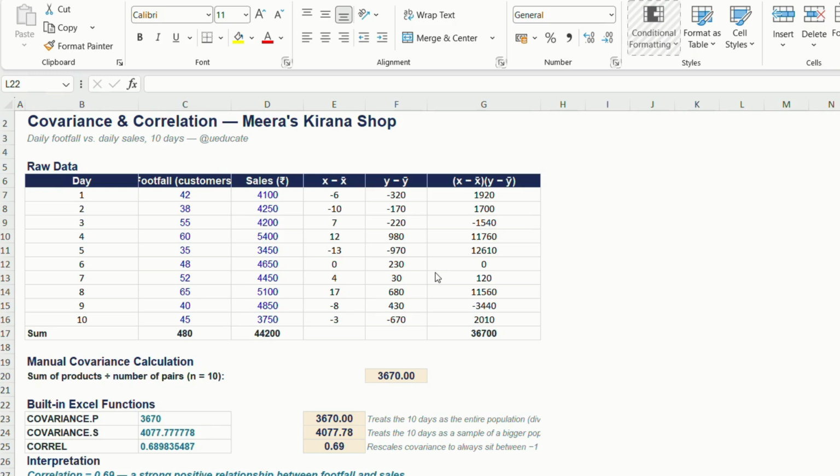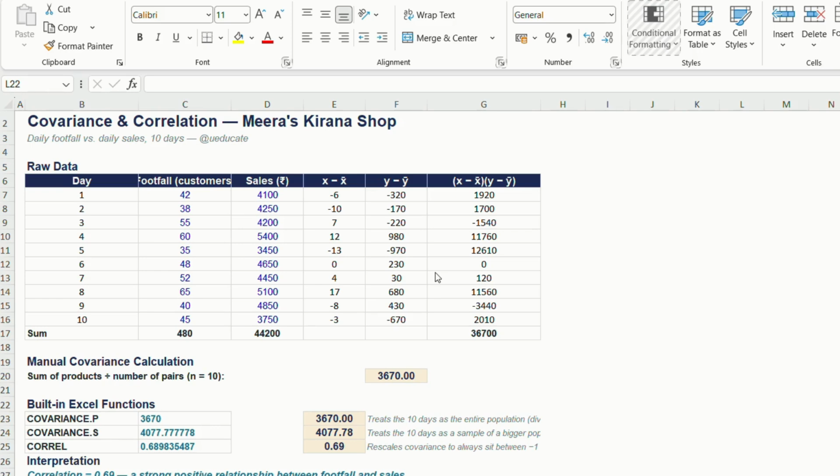Covariance is just an idea, and we made it mathematical: each day, multiplying how far the customer flow is from the average by how far sales is from the average, and dividing by the number of values. That is the covariance. But this tells you direction, right?